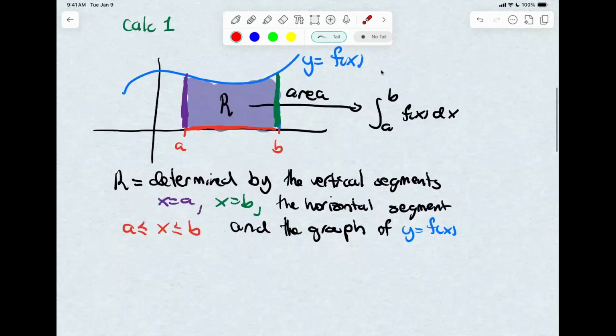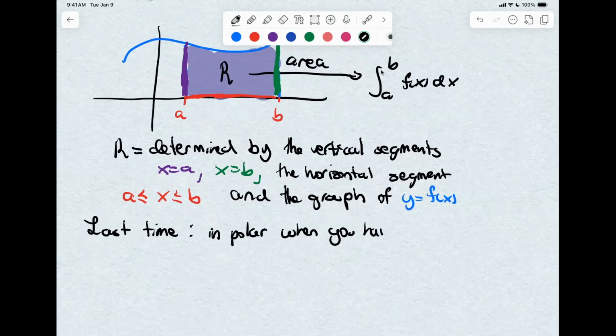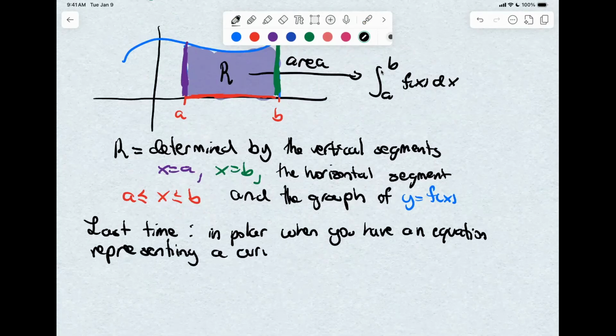So in polar, when you have an equation representing a curve, you usually solve for r.